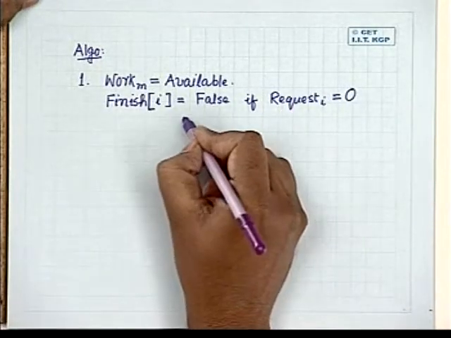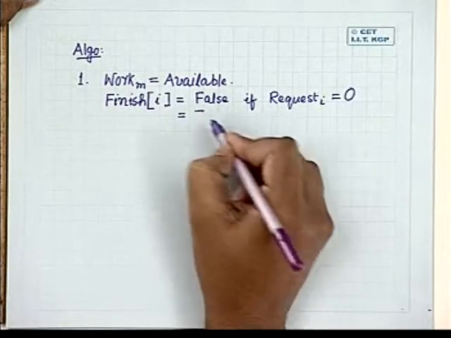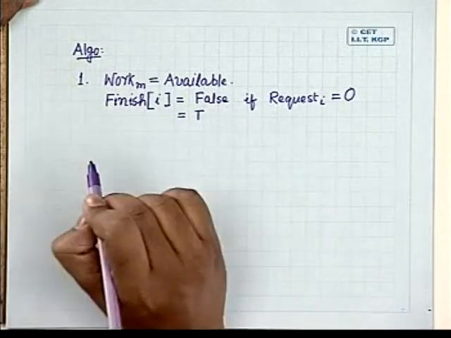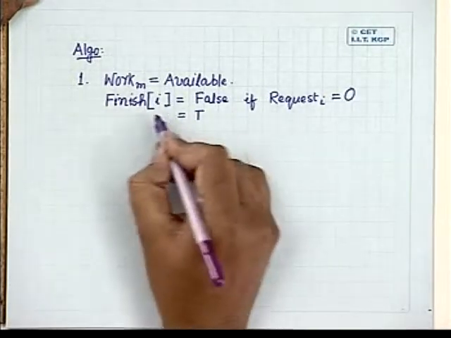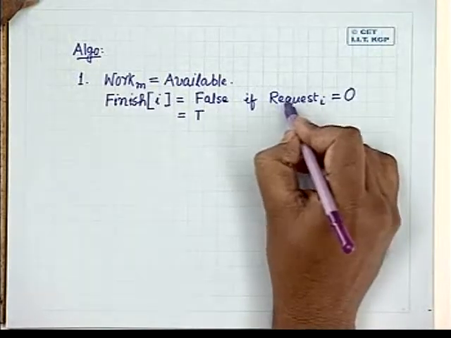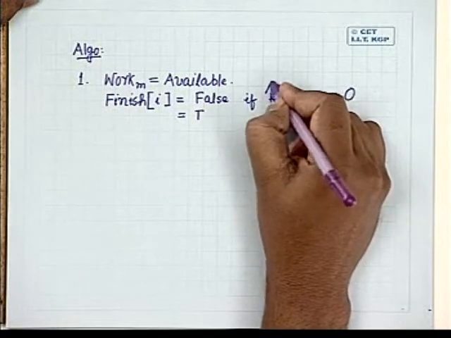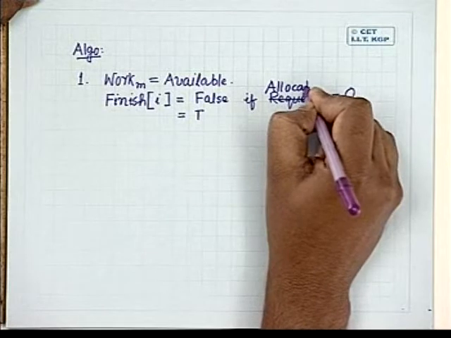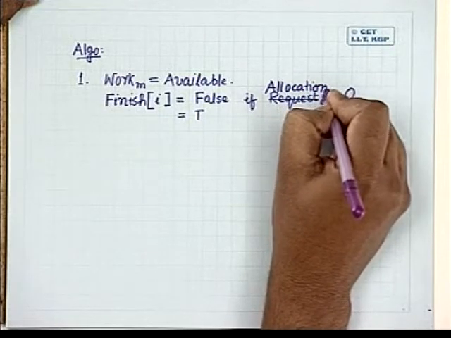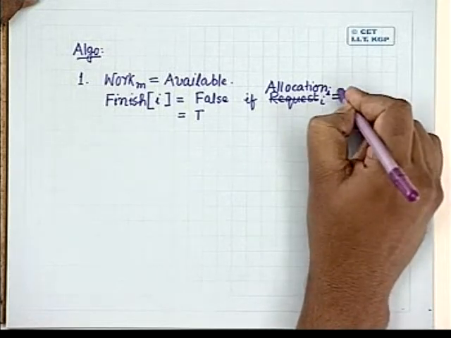And Finish[i] will be equal to false if Allocation i is not equal to 0.